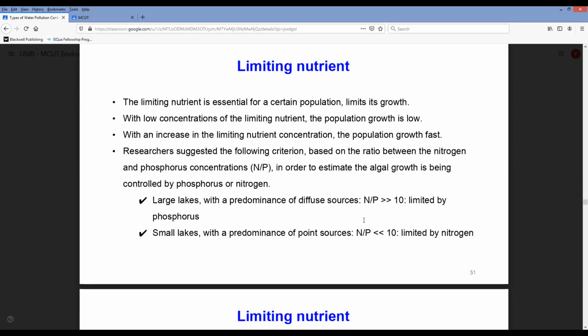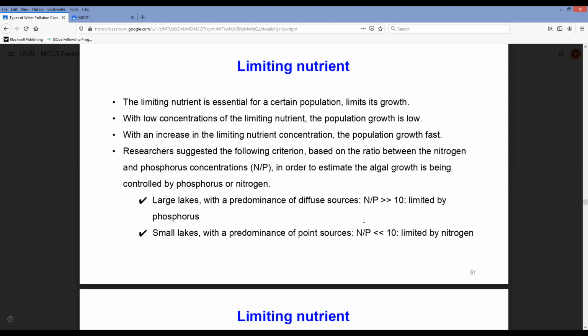And then the researchers suggest the following criterion based on the ratio between the nitrogen and phosphorus concentration in order to estimate whether the algae growth is being controlled by phosphate or nitrogen.